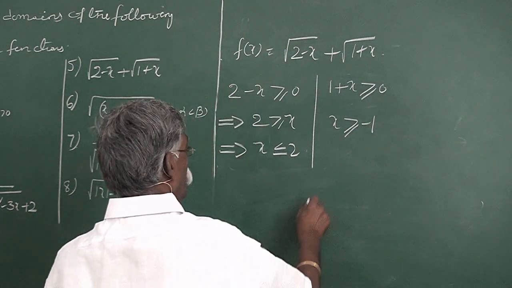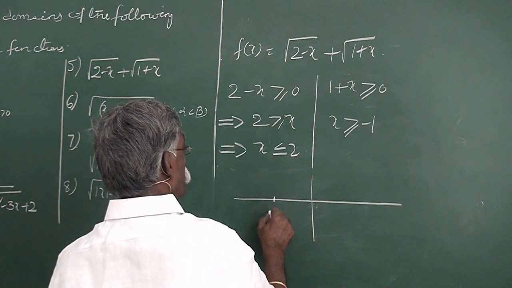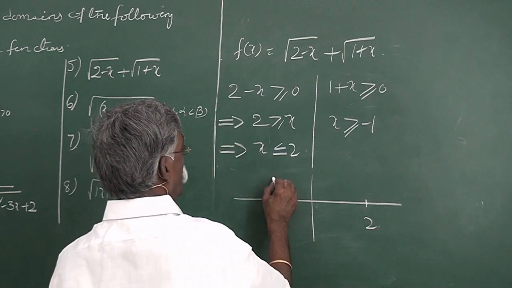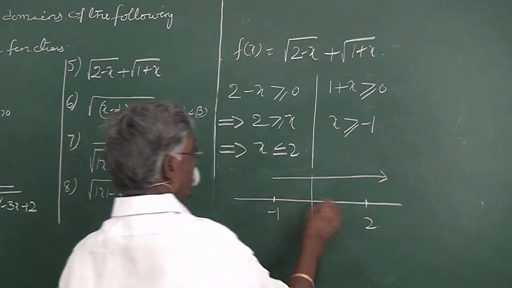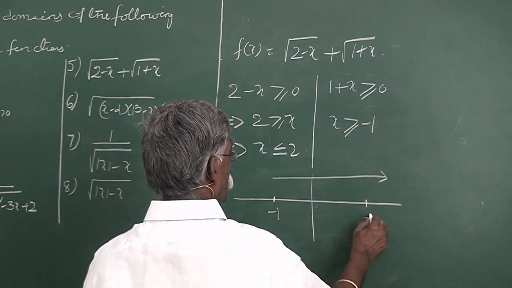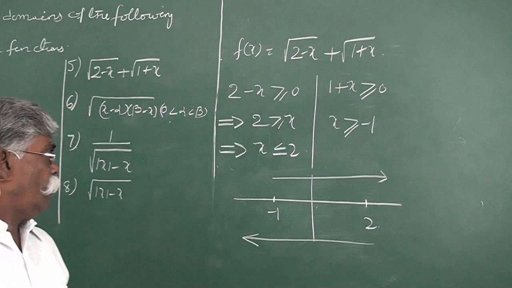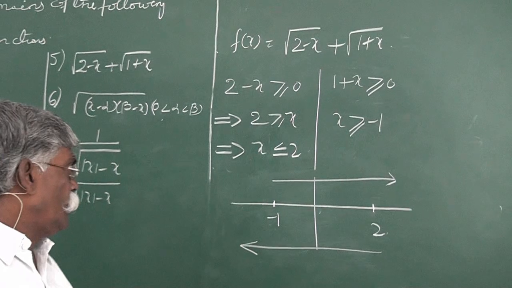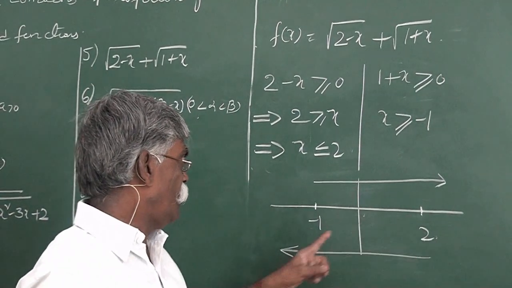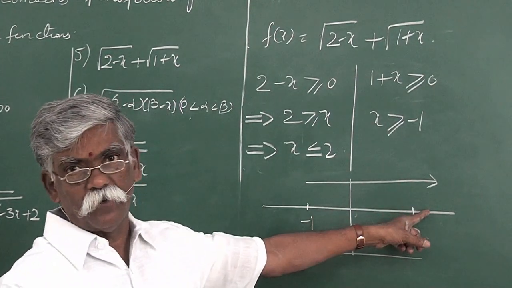So for the first one, if here is minus 1 and here is 2, we take all the values from minus 1 to infinity. And here, including this 2, we take from this side. So we accept the common values of minus infinity to 2 and minus 1 to infinity.